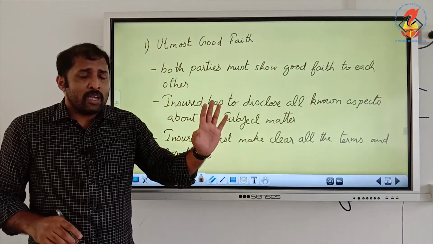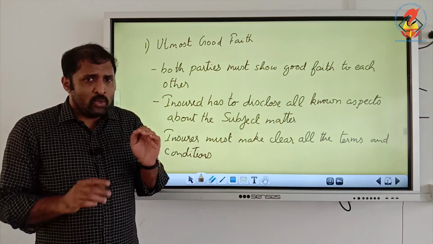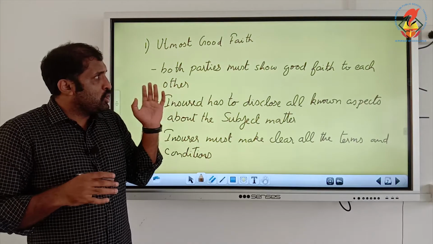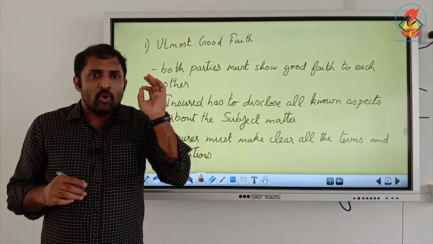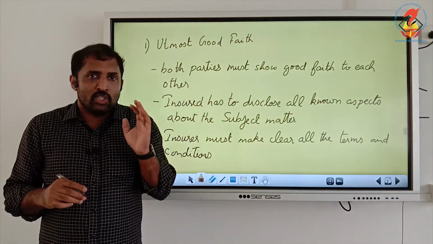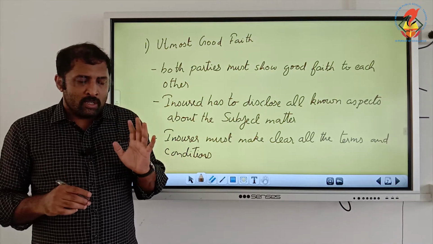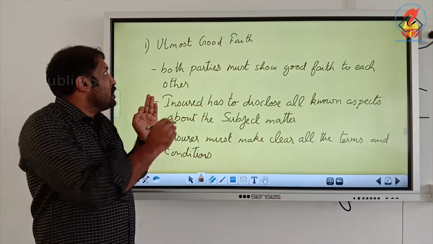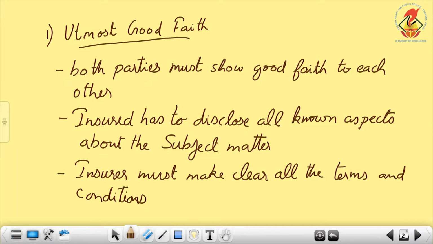No hidden conditions must be there. So, both are to show good faith among each other. Both insurer and insured must show good faith among each other. That is the principle of utmost good faith. That is the first principle.